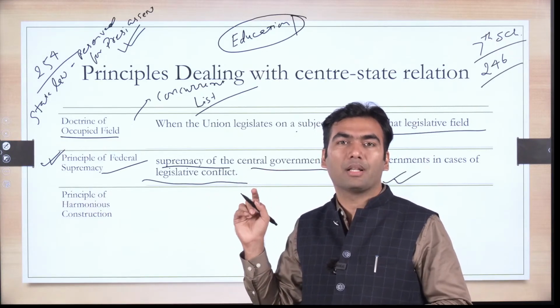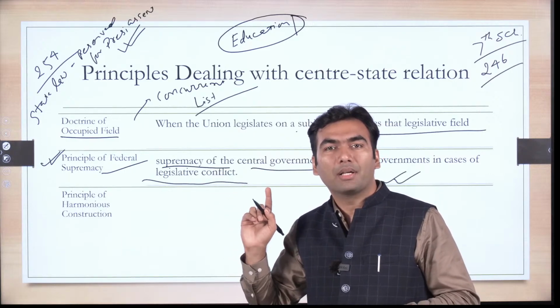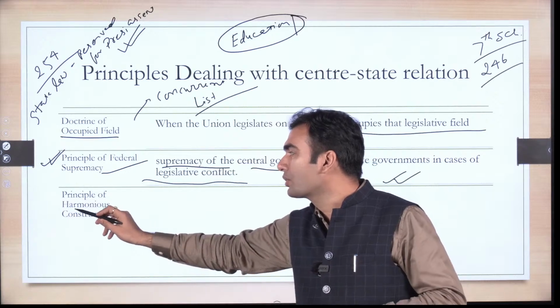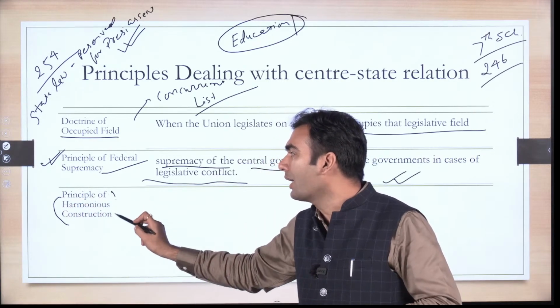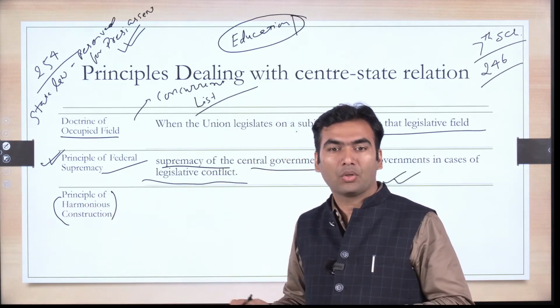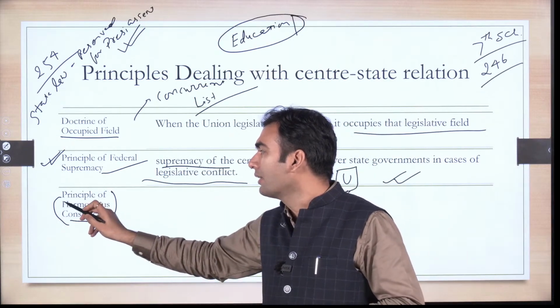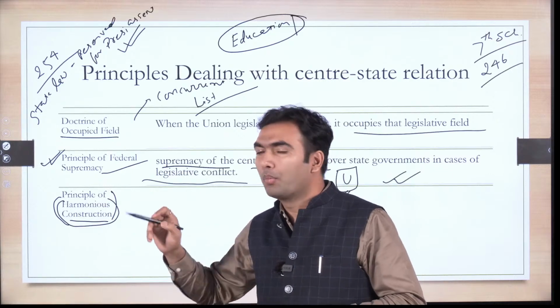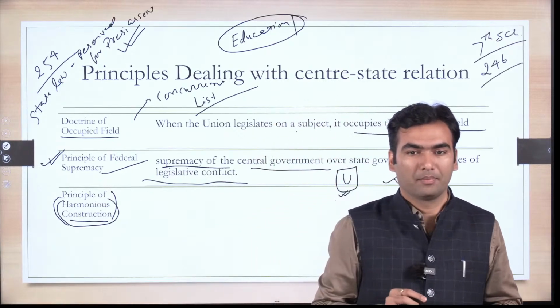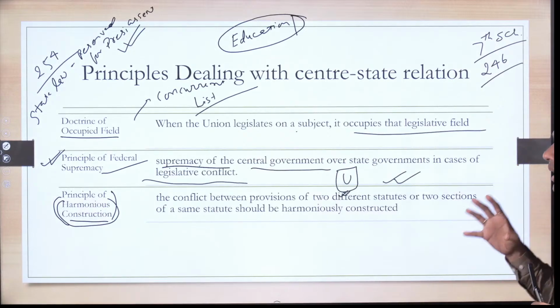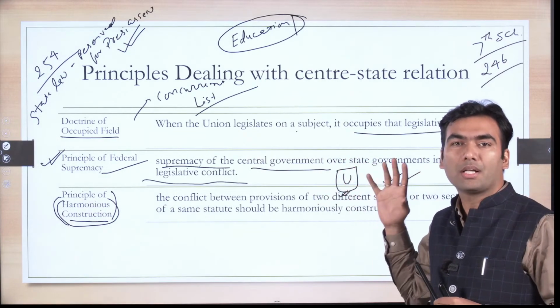The laws would be interpreted so that both are in harmony. So the law would be constructed in such a way that they live in harmony, both could survive. So the court would not try to struck down. The first approach of the court would not be to struck down.